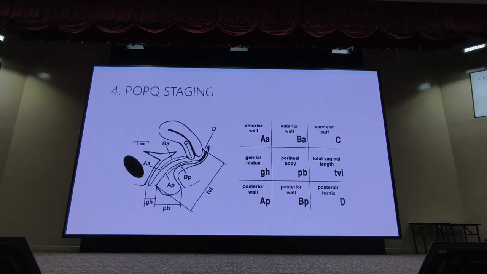Right? What you need to know is basic examination technique. Simple examination technique that can demonstrate there is a uterine prolapse, there is a cystocele, there is a rectocele. I would have passed you already. I don't even need you to do AA, BA, C, whatever.